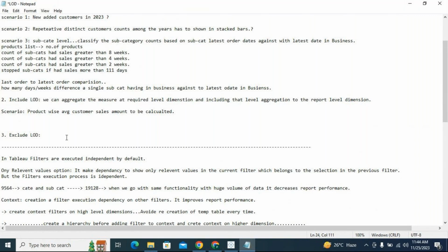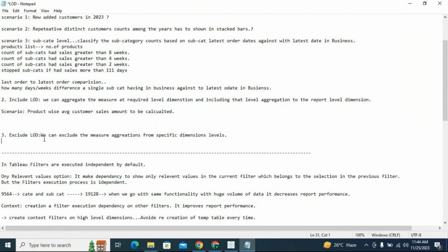Whereas when it comes to exclude, when you want to exclude a specific dimension from your aggregation, you can use exclude. We can exclude the measure aggregations from specific dimension levels.